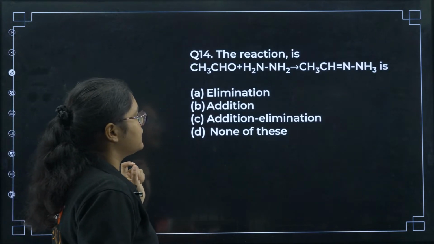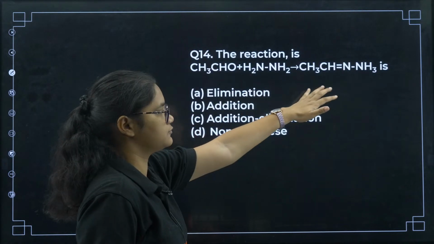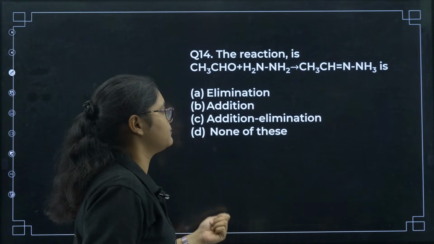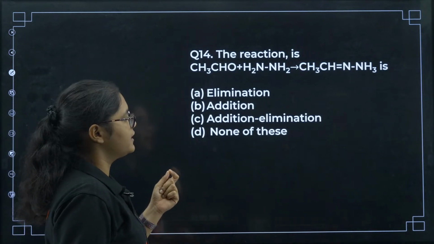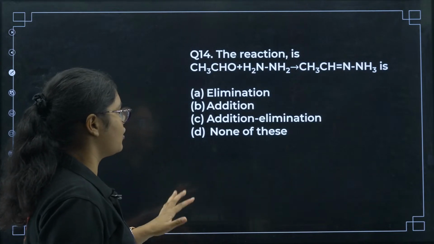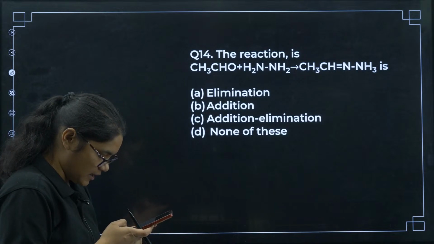Next, 14th: the reaction of CH3CHO plus NH2NH2 gives a product; it is a dash type of reaction. Whether it is an elimination reaction, addition, elimination reaction, or none of this. Can we guess this answer?